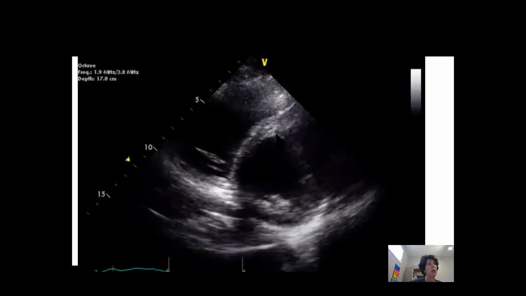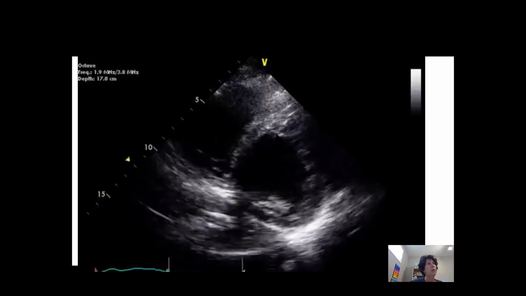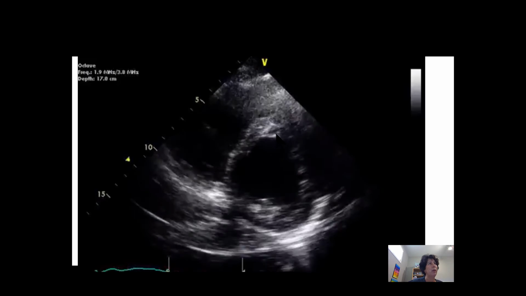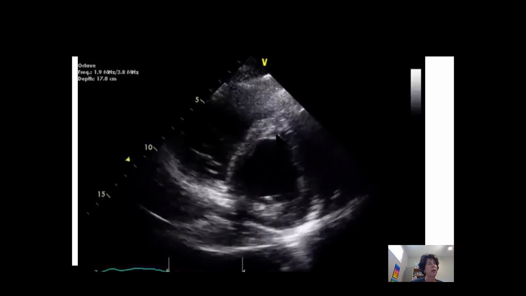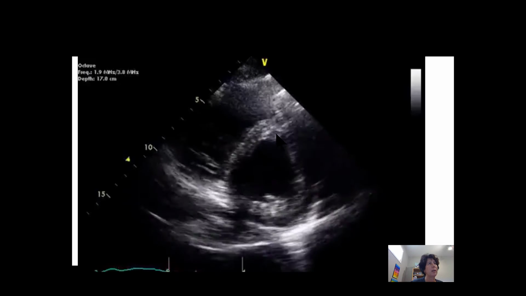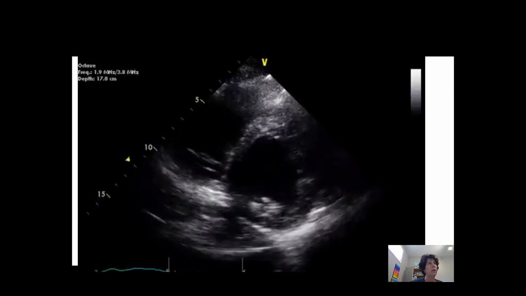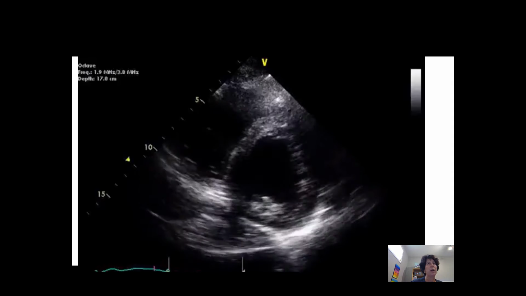Again, potentially not cut properly, so you have to always keep that in mind as a potential reason for the LV not looking round, that you might have cut it in a more oblique versus perpendicular short axis. But this is definitely a significant decrease in LV function and quite a large RV impression here.